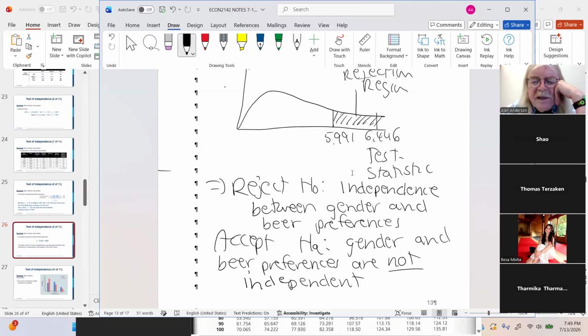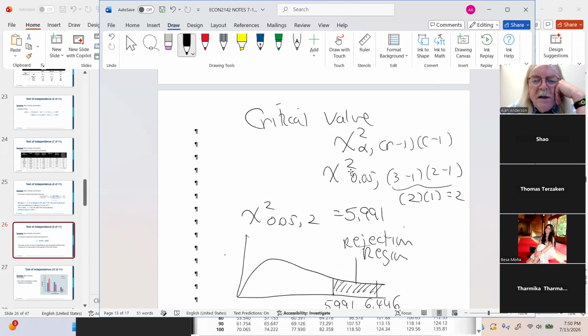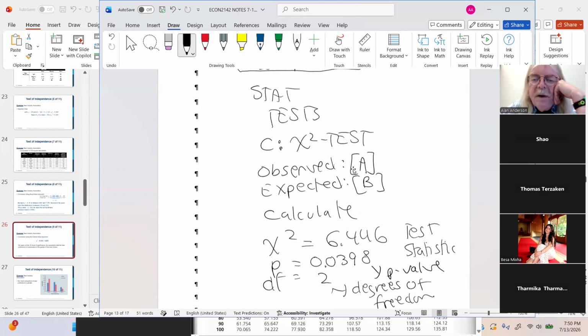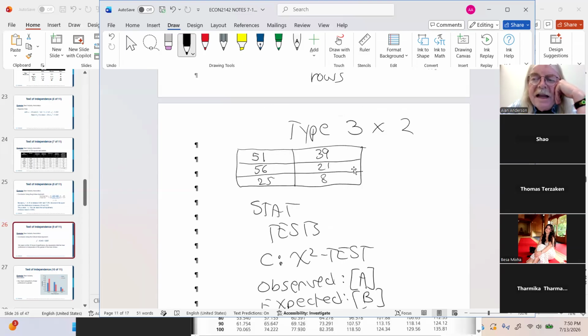Okay. So we already figured this out with the p-value. Now we've shown it with the critical value and the test statistic. But there's an added bonus here.